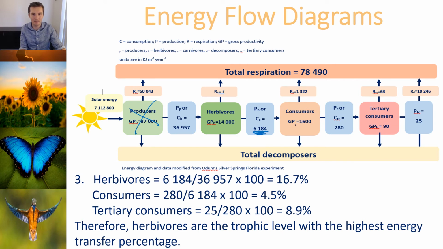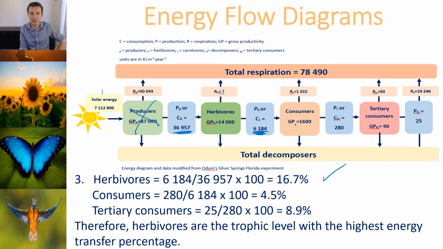So that was the net production, and this was the amount that they took in. Looking at some of this, obviously it's talking about your production, so your net production, and this one is looking at consumption, so how much they are actually consuming. So to do the maths, I've got this is my net, divided by how much they're consuming, so 6,184 divided by 36,957 times 100 equals 16.7%.